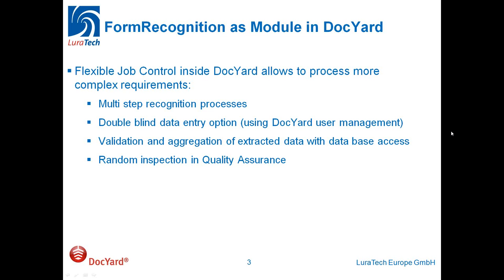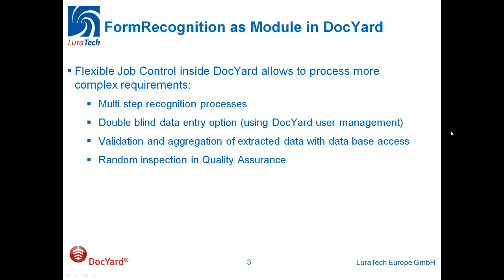And with the forms recognition technology available inside DocYard, you can now create things like multi-step recognition processes in a pretty easy way. Based on the same well-known form recognition technology as we had it so far, you can model different, more complex requirements in DocYard, all the way probably up to double-blind data entry scenarios if you need that.